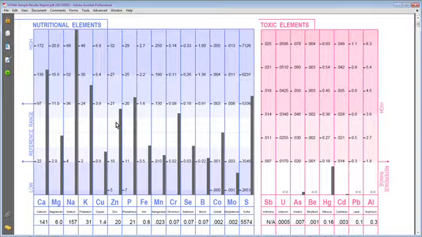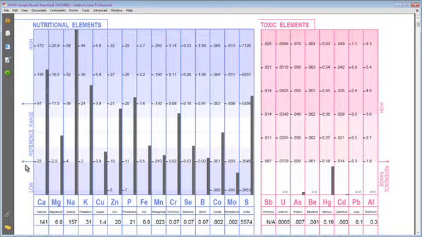But that is not a statement that's written in stone, because we've got to look at the significance of mineral ratios. For example, the calcium to magnesium ratio, you can see this is high. This is a high sodium to potassium ratio.